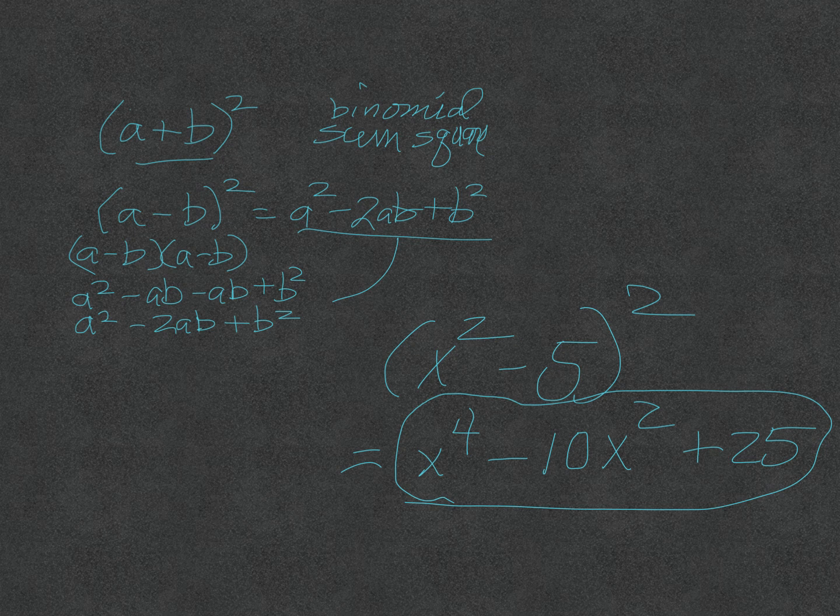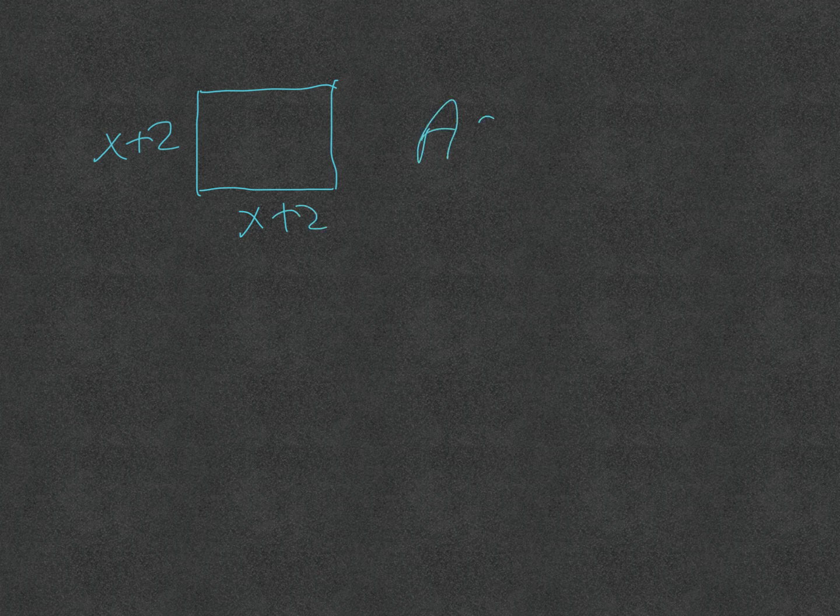Now I do want to mention, before I close this video, there are a couple of interesting problems I see. One of the things that we'll notice is when you do geometry of a square, if the sides of the square were like x plus 2, then the area of the square would be a binomial sum squared.